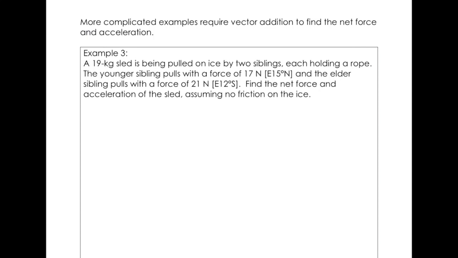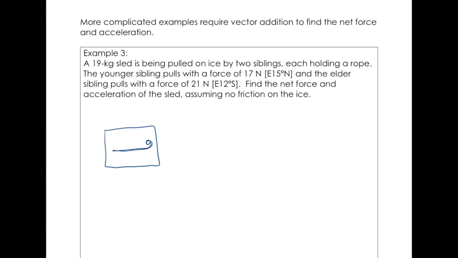Okay, so the first thing we need to do is draw the free body diagram. So we're going to have our box. That is our sled. If you want to draw a sled, you can. There's my brilliant sled.